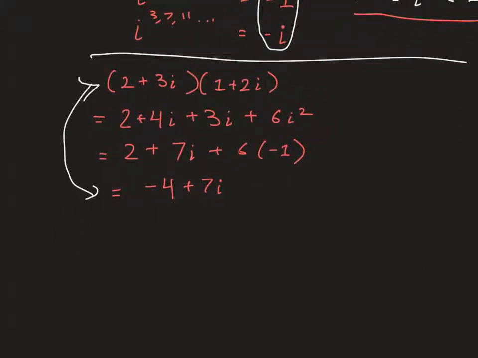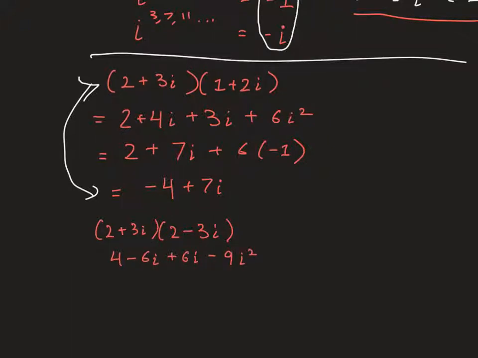Now let's look at a special case. Let's try multiplying 2 plus 3i and 2 minus 3i. So FOIL again, and you get 4 minus 6i plus 6i minus 9i squared.